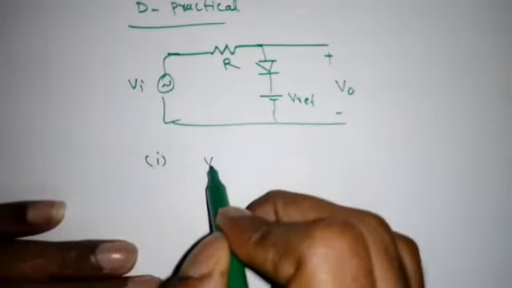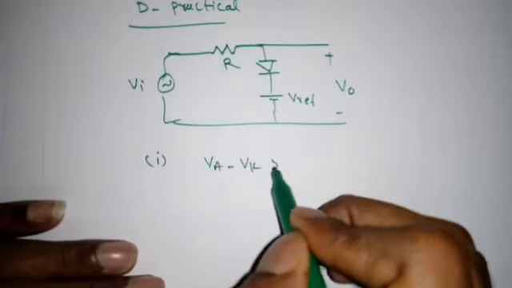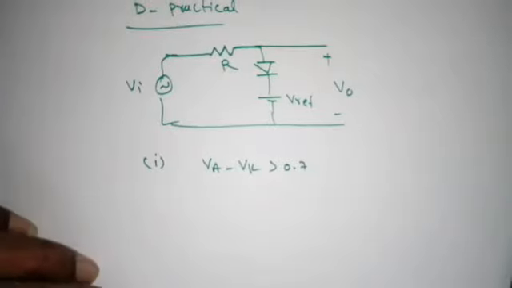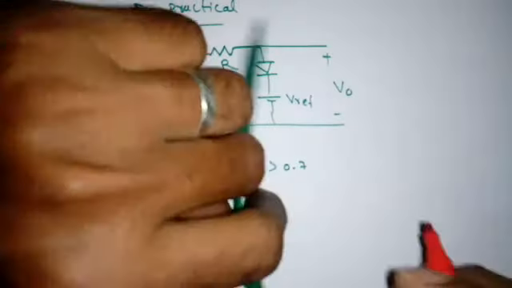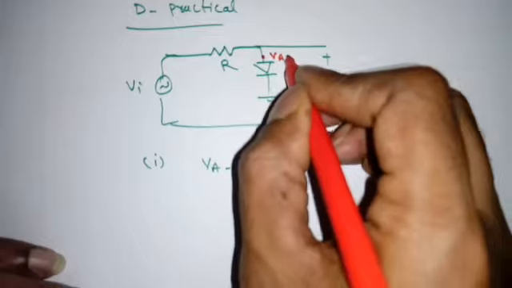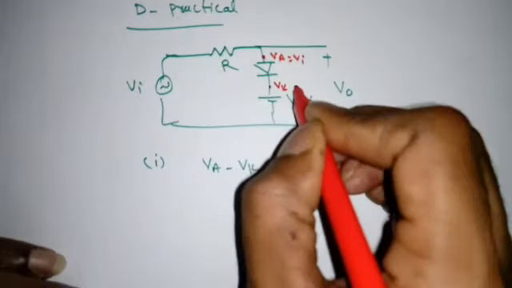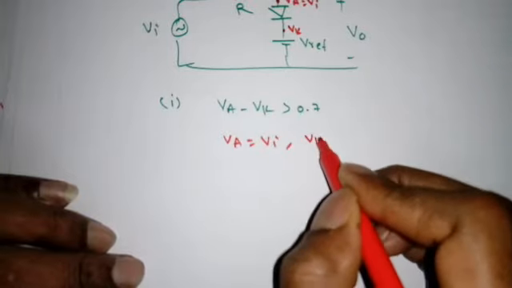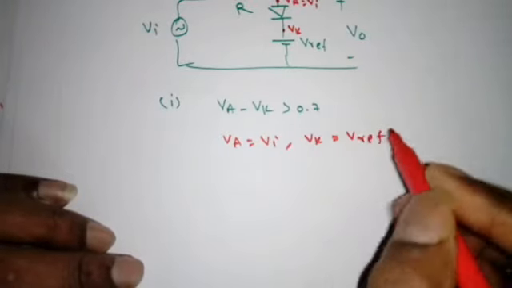Now again the same approach. The first condition, Va minus Vk should be greater than at least 0.7 volt when the diode D is practical. Now what is Vi here? So Vi is Va, Vk is V reference.